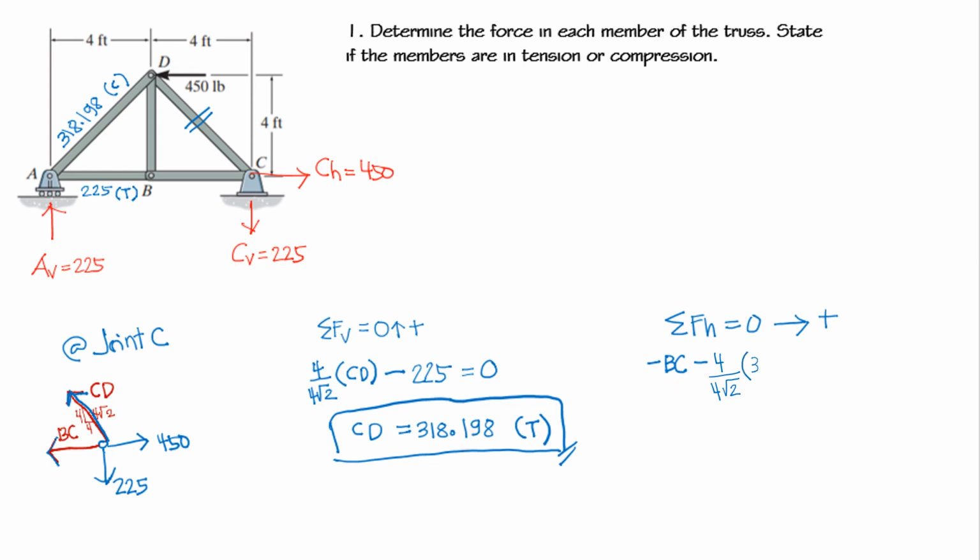That becomes 318 multiply 0.198, and then last is this horizontal force going to the right, so it's positive, so that becomes plus 450, and there are no other horizontal forces, so this is equal to 0. So if we are going to simplify that, BC is equal to positive 225 pounds.